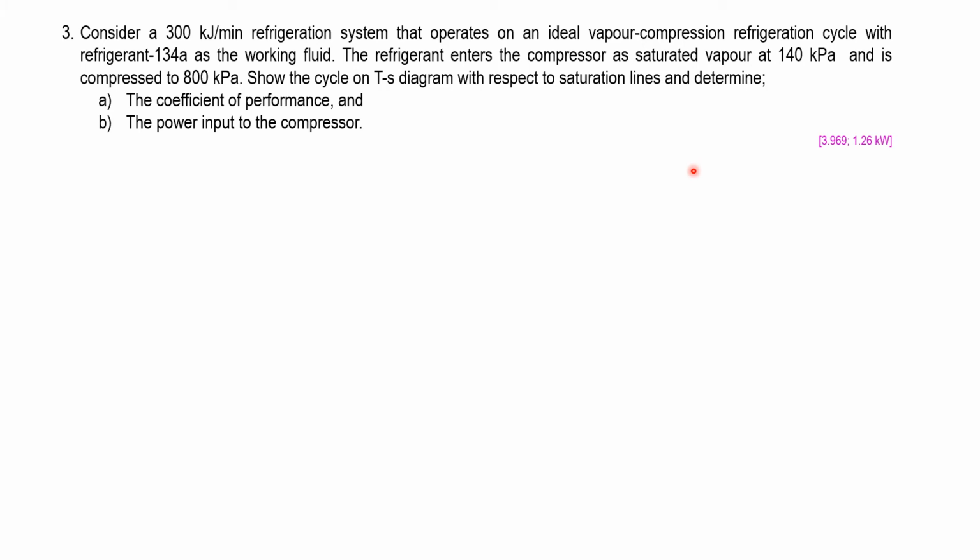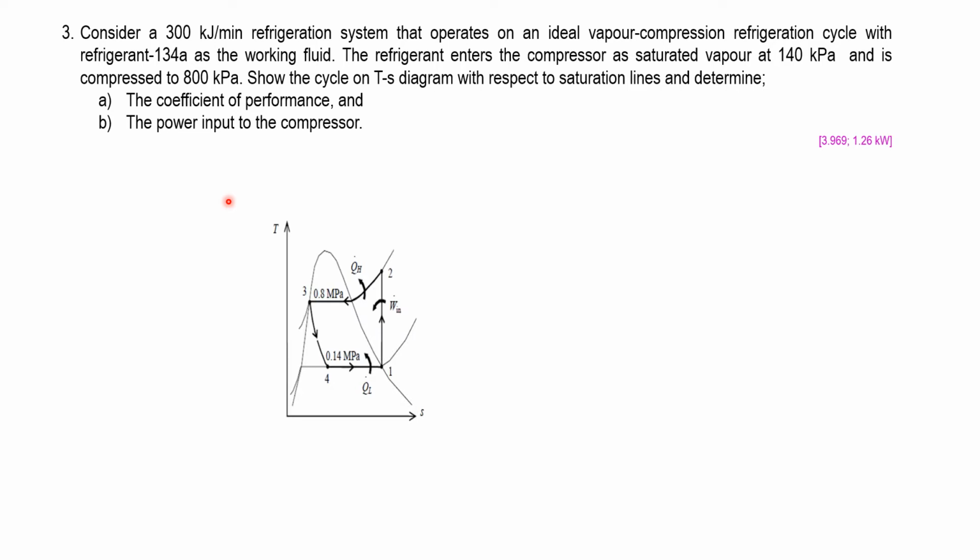Alright, so first thing first, we will need to draw out our TS diagram. Now TS diagram is again drawn based on this ideal vapor compression refrigeration cycle. So this is the TS diagram. If you look at this TS diagram, it corresponds to the ideal vapor compression refrigeration cycle. So you have your point 1 here, point 2, point 3, point 4, and the corresponding pressure values.